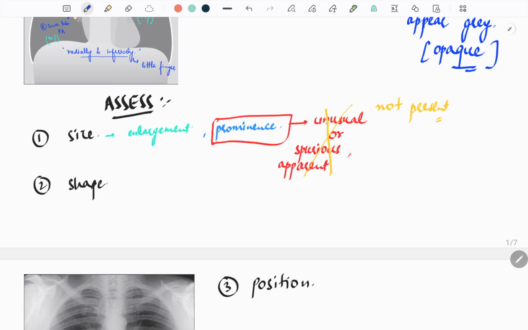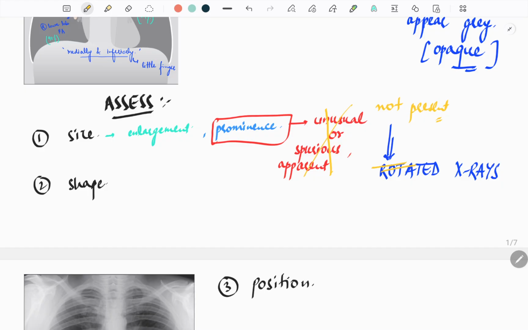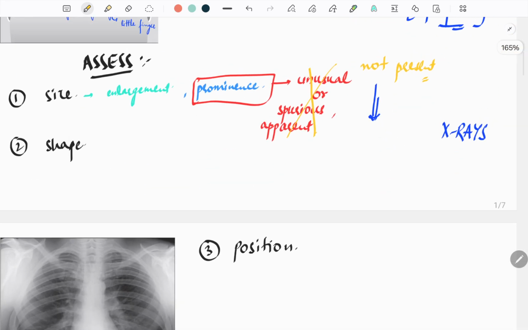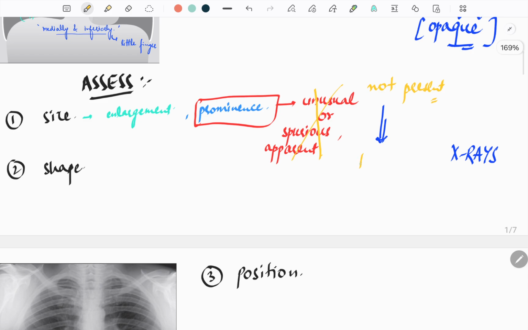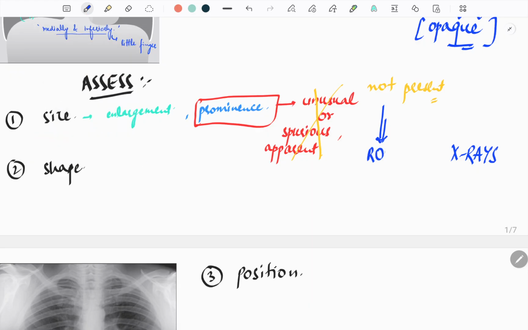It would be found in rotated X-rays. This is the reason why this unusual prominence of the hilum is seen in rotated X-rays.